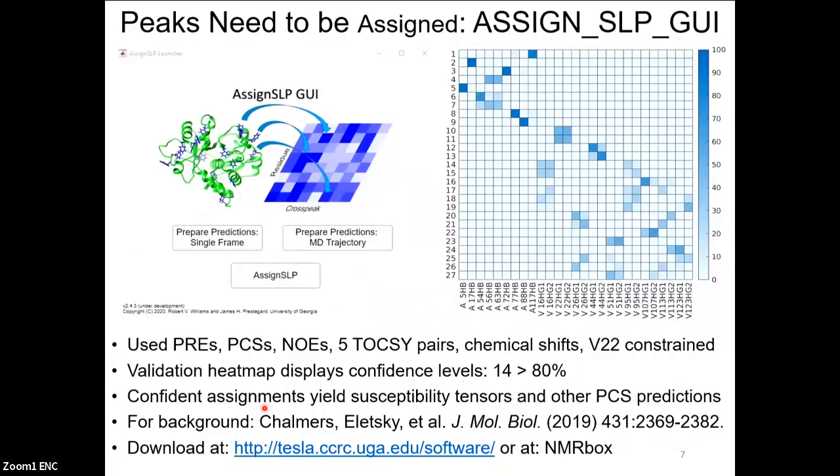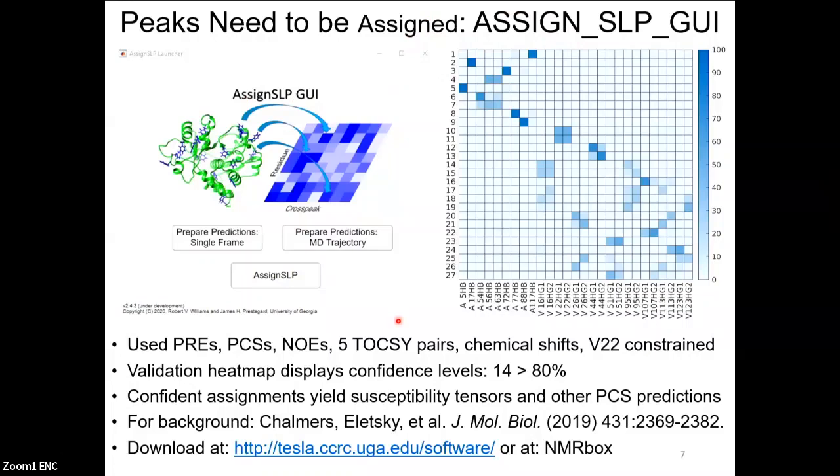So we devised a program that we call AssignSLP that does this assignment for us. It uses a variety of data. Initially, it was focused on chemical shifts that come directly out of HSQC spectra, nuclear Overhauser effects, and residual dipolar couplings, but we've now added pseudocontact shifts, PCS data, the PREs and so forth.